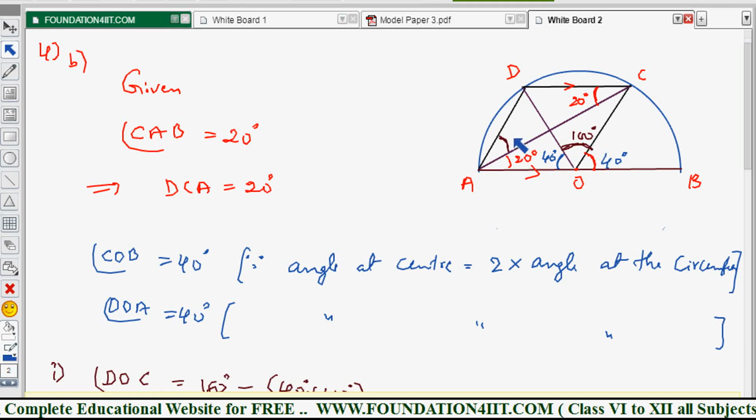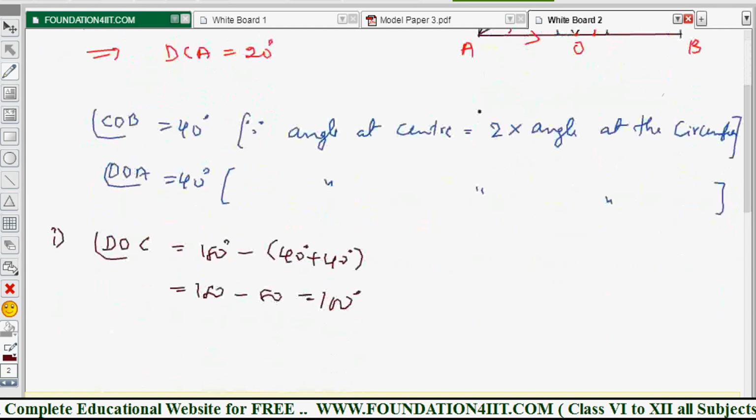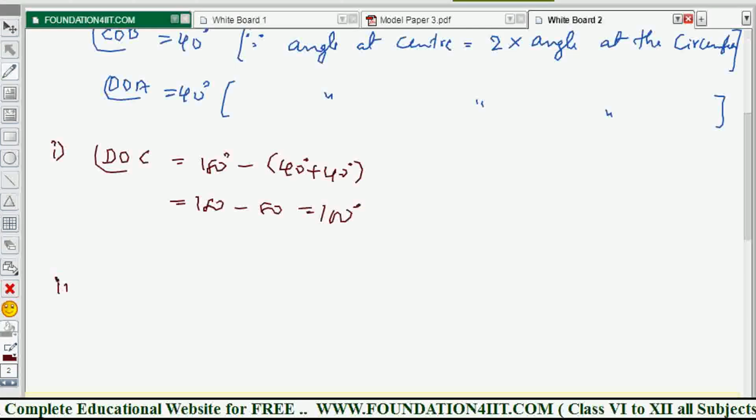If it is 100, this must be 50. That is DAC. Angle DAC is half of 100 degrees, that is angle DOC, so half of 100 is equal to 50 degrees.